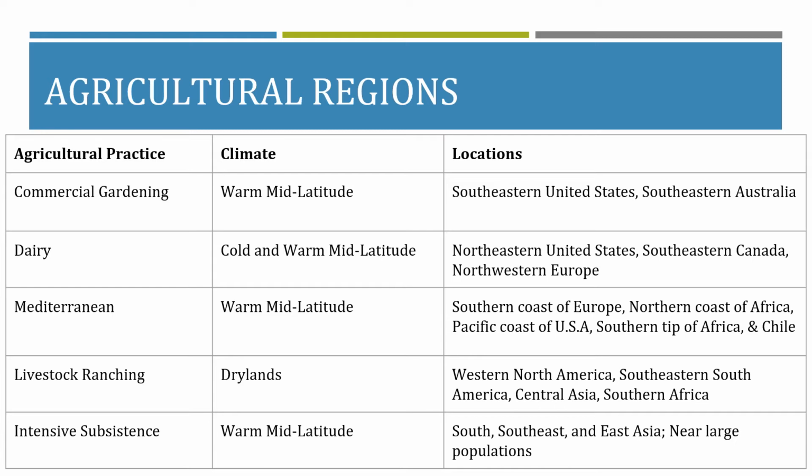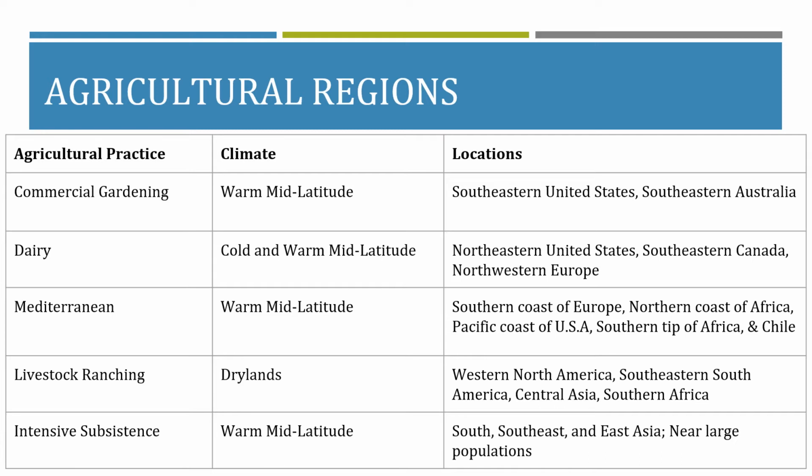So dairying takes place near population because of the fact that milk products perish very quickly. You don't want to produce your milk in Kansas if it's going to be sold in New York City because it's going to go bad before you can get it to New York City. You want it to be produced right outside of New York City so you can get it to that population very quickly.